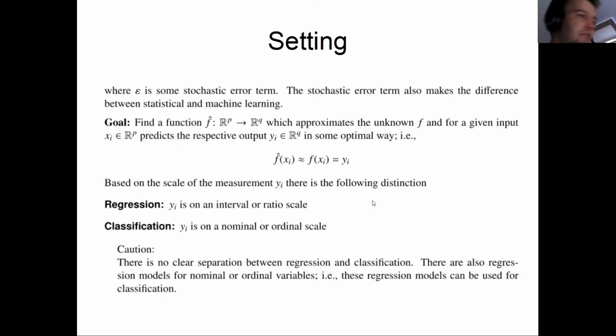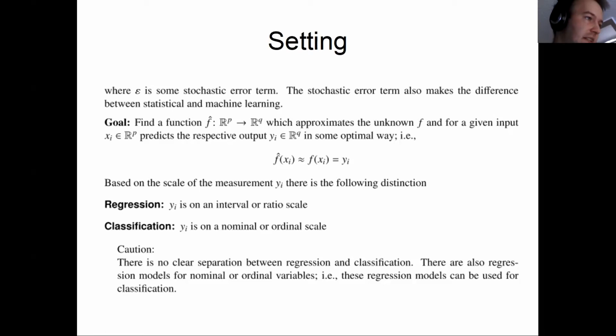So these are the two broad concepts in supervised learning: either regression or classification. An example for regression would be, as we will see later, if you want to predict your salary based on your job experience and your years of education, as a very simple example.